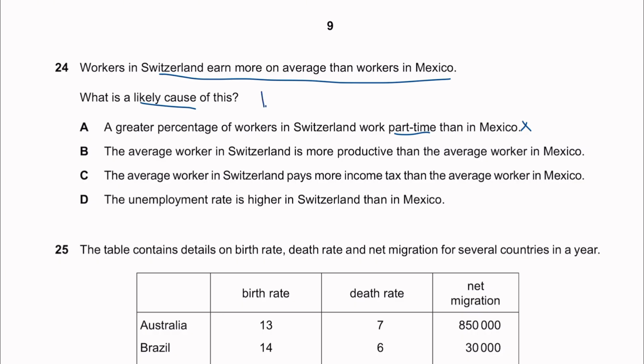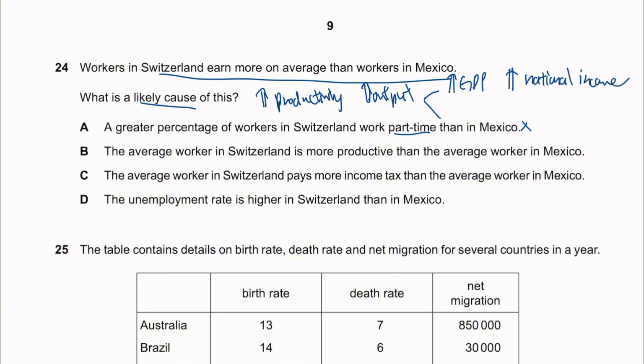Because when your productivity increases, your output also increases. First, you can increase your GDP, so naturally your national income will increase. Second, when there is more output and higher GDP, the business also earns higher profits.